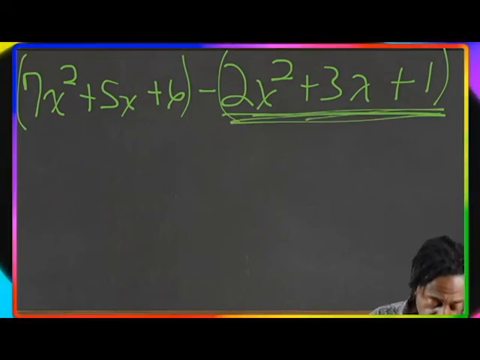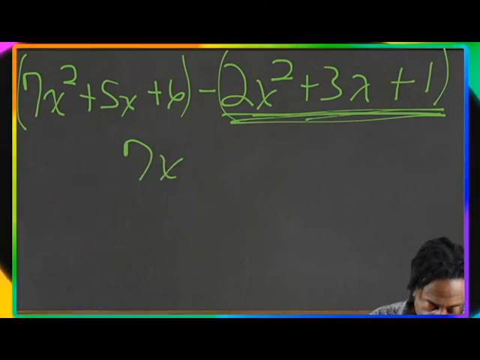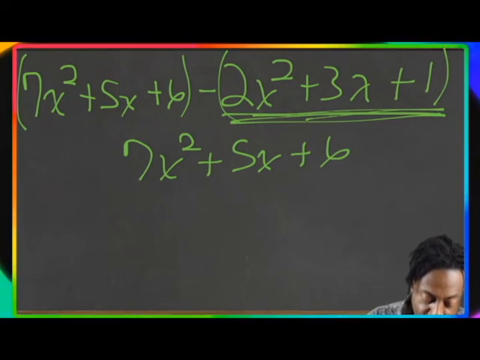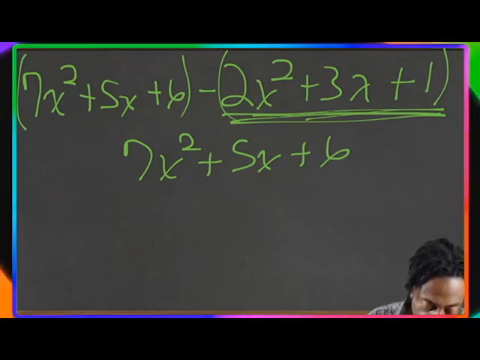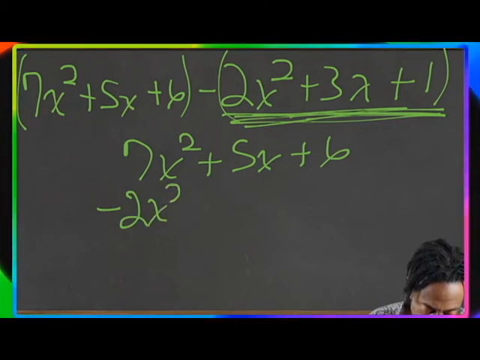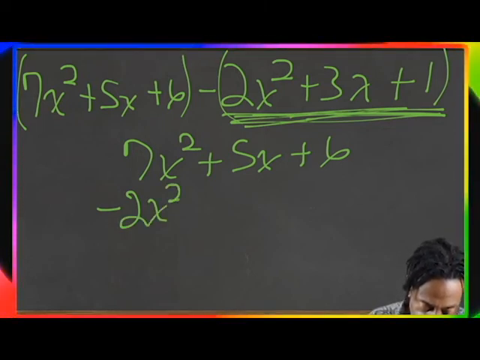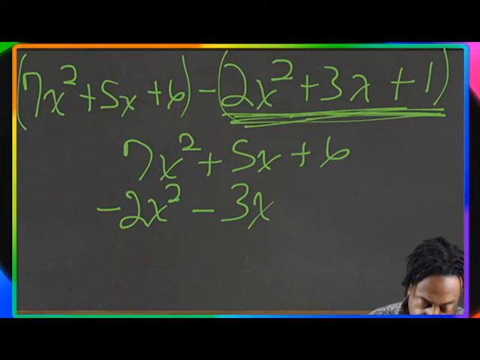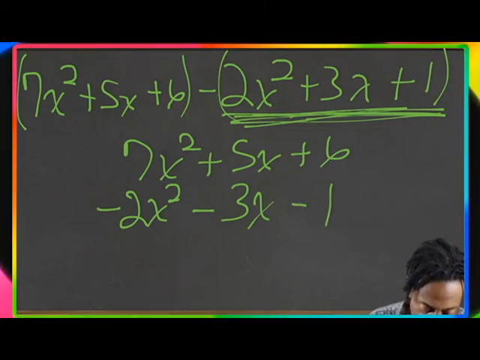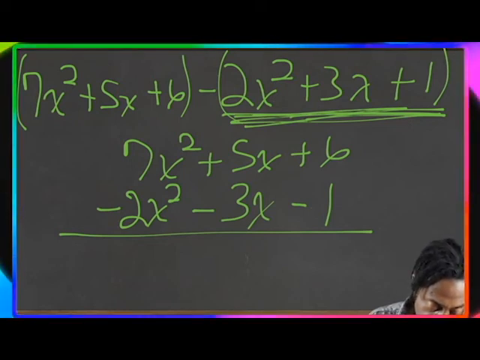Let's do it all together. So we got 7x squared plus 5x plus 6. Change the sign of everything over here: a negative 2x squared, a negative 3x, a negative 1. Now we're going to add.